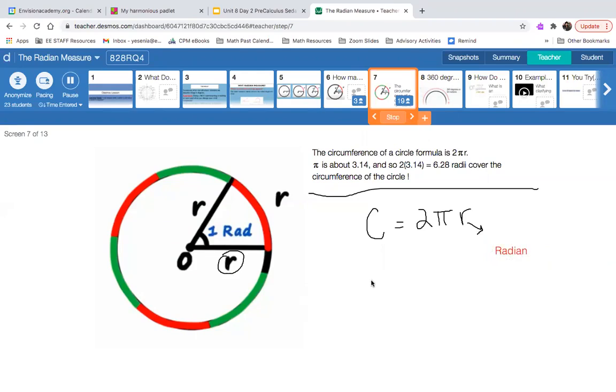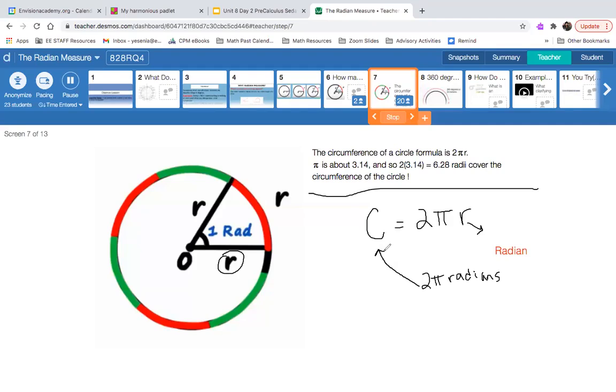Okay, cool. So what that therefore means is that it's going to take 2 pi radians to fill the circumference of a circle.